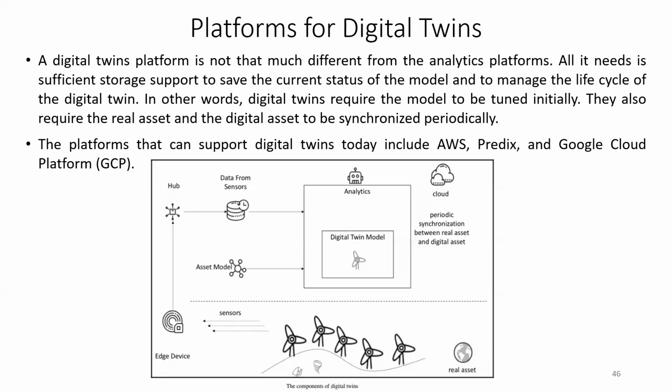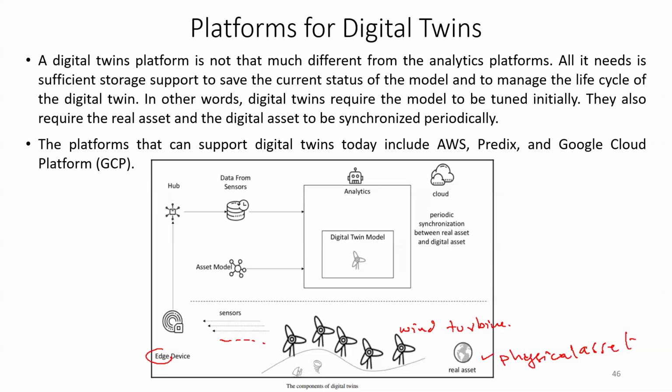This diagram shows the key components involved. We start from the physical assets here. And here, this is a wind turbine. This wind turbine sends the sensor data to the edge device here.